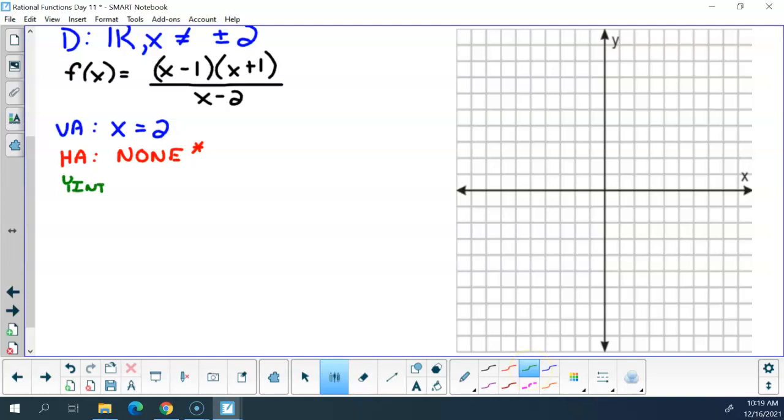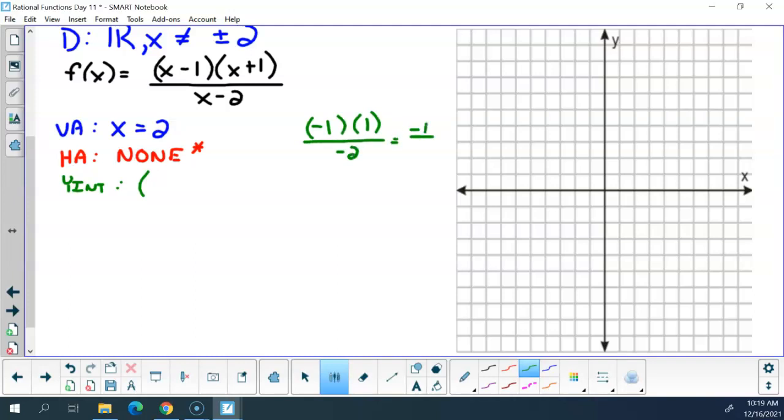Y-intercept. Positive or negative 1/2? I got positive 1/2. Because on top we get 0 minus 1 is negative 1, 0 plus 1 is positive 1, and 0 minus 2 is negative 2.